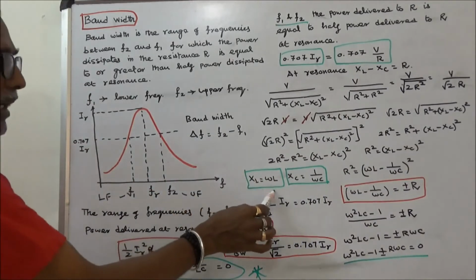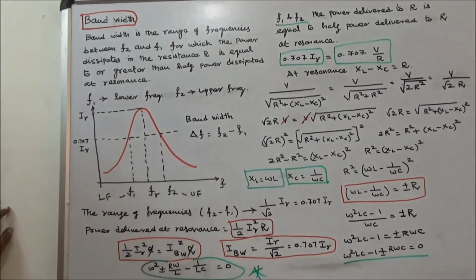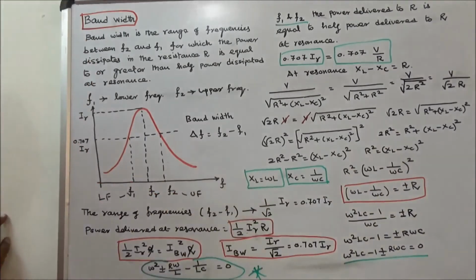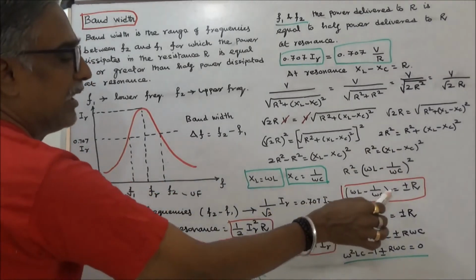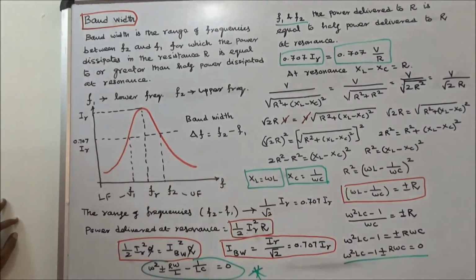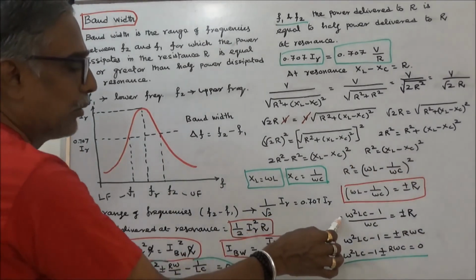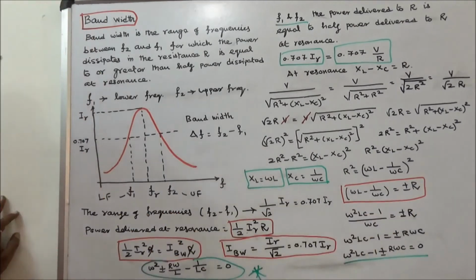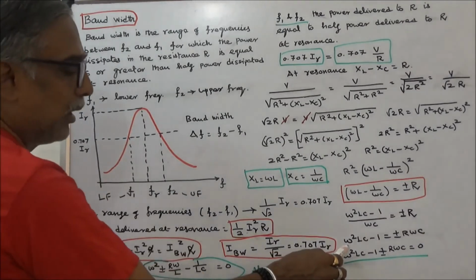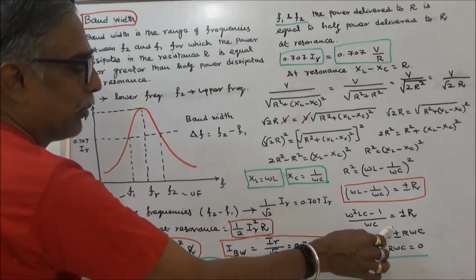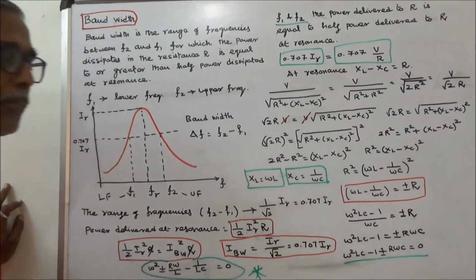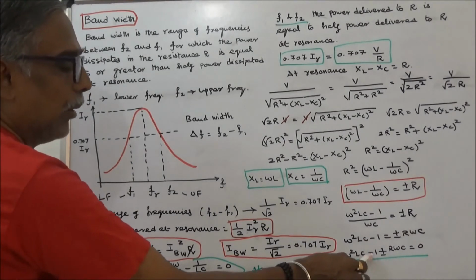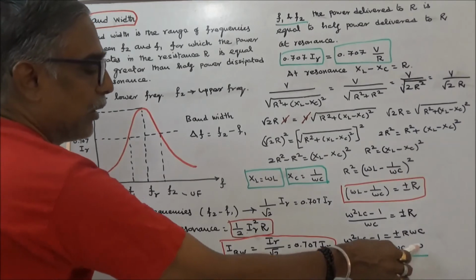Here XL is equal to omega L, XC is equal to 1 by omega C. Therefore R square is equal to omega L minus 1 by omega C the whole square. Omega L minus 1 by omega C is equal to plus or minus R. So I can rewrite the equation, omega square into L into C minus 1 divided by omega C is equal to plus or minus R. Again I simplified, omega square into L into C minus 1 is equal to plus or minus R into omega into C. Omega square into L into C minus 1 plus or minus R into omega C is equal to 0.